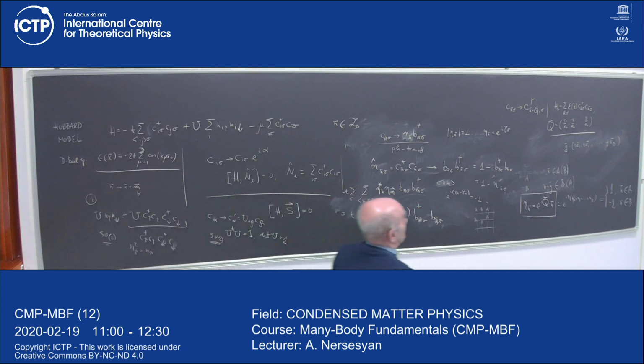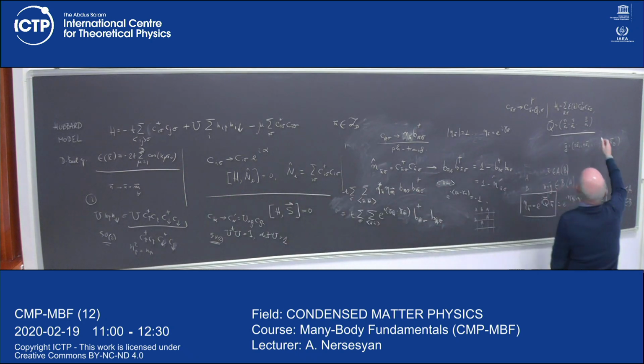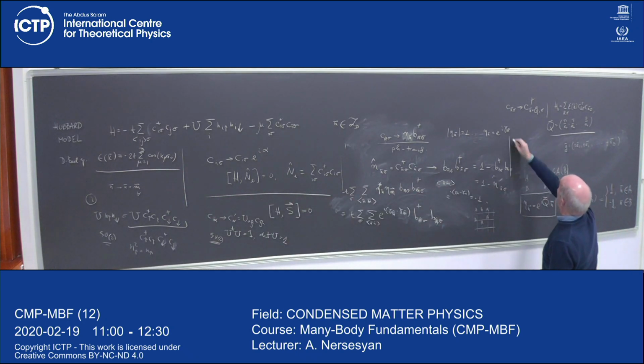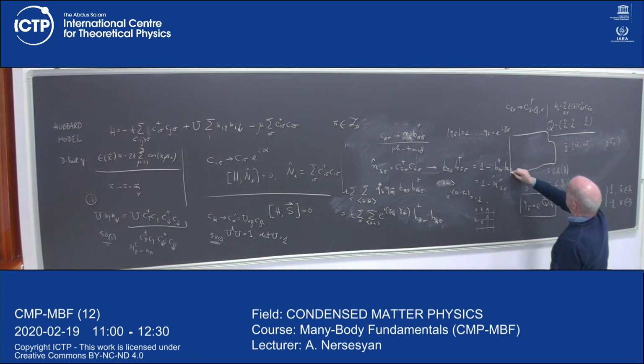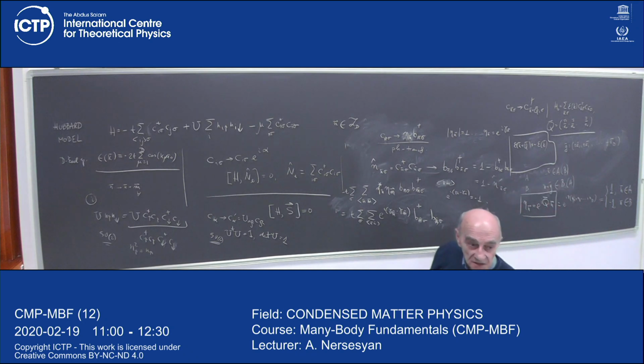And then you immediately realize that you have a fundamentally important property: epsilon of k plus Q is equal to minus epsilon of k. Because each cosine is shifted by half a period, by pi, and cosine of x plus pi is minus cosine of x.